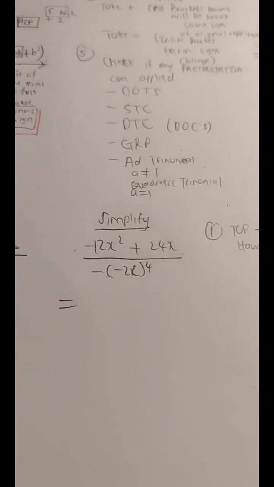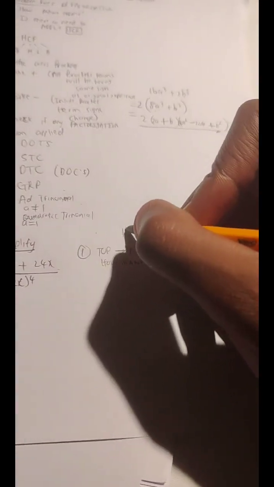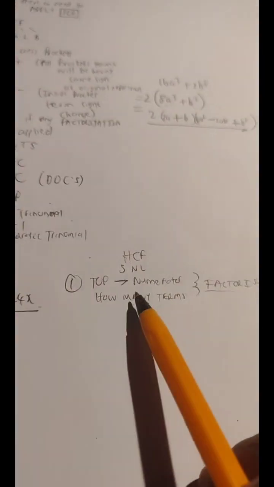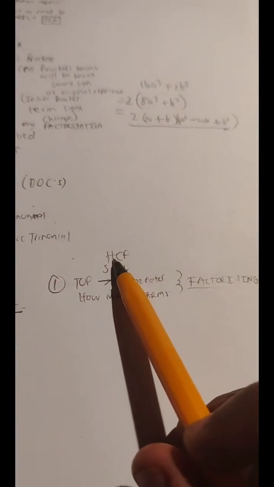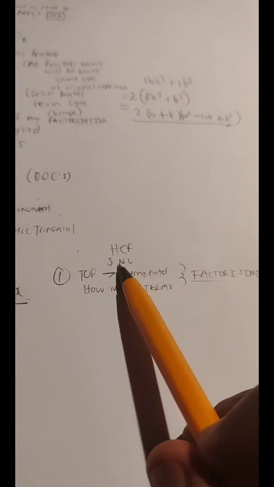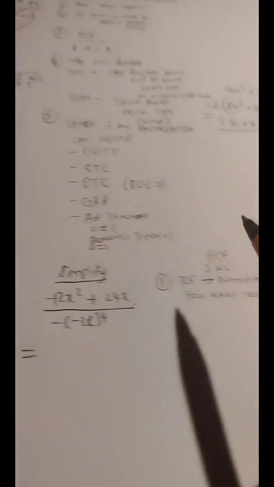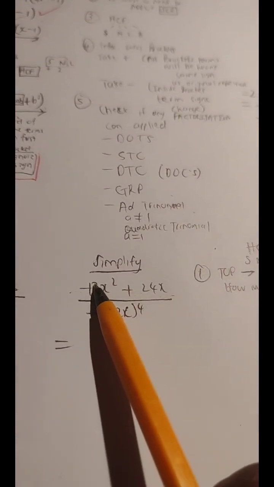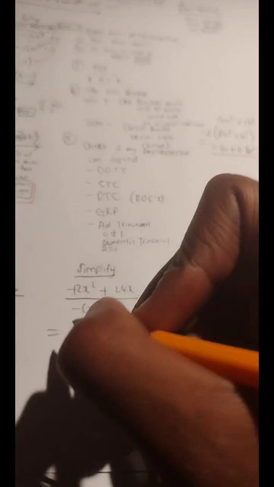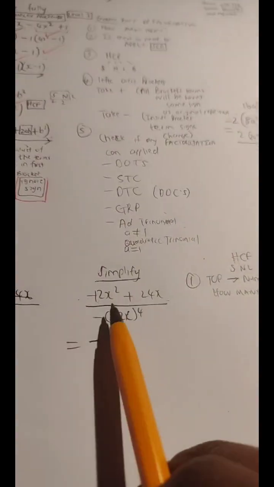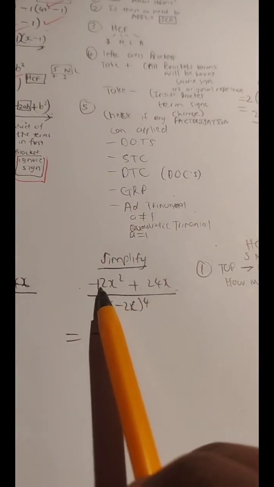Be very careful. Remember, when we take out the highest common factor, we take it out according to the sign, the number, and the letter. And as I said, the sign of the highest common factor is always the sign of the first term. So we are going to take out a negative sign because the first term is negative.